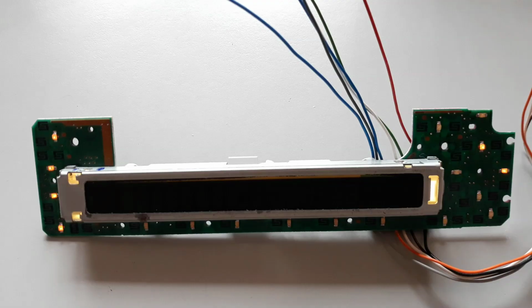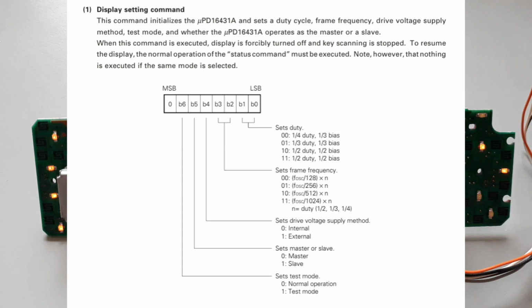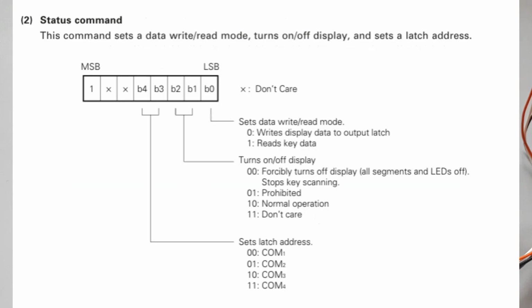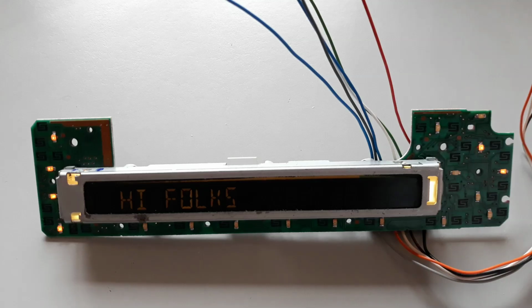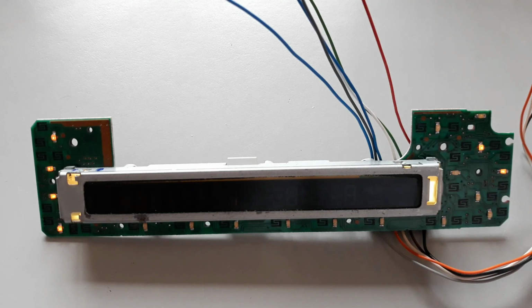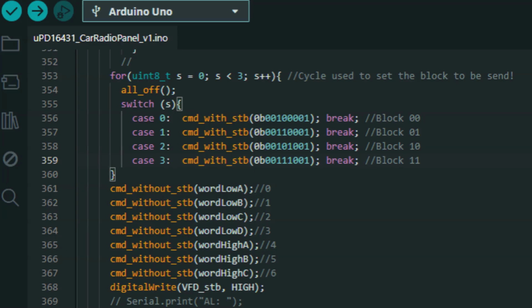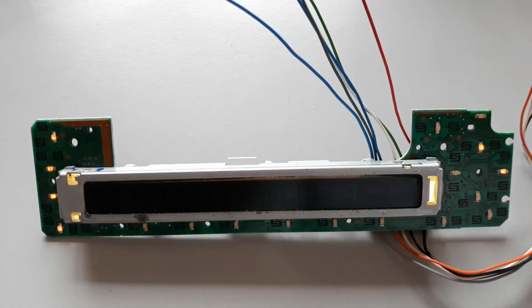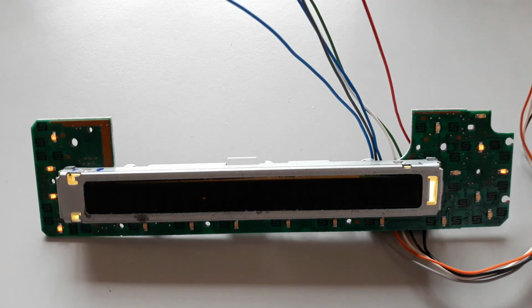The command set of this driver is surprisingly simple. Only 2 commands are required: the display setting command and the status command. When writing display data, each transfer consists of 7 bytes. Each individual bit controls 1 segment. 0 means the segment is off, 1 means the segment is on.